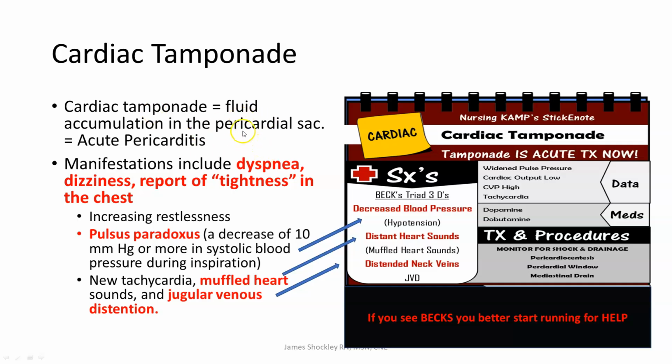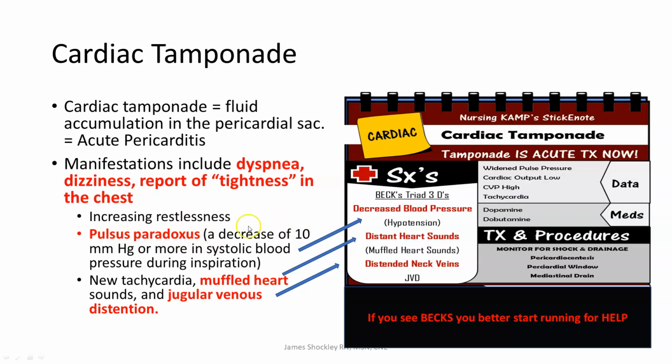So what do I need to look for to see if they're headed towards cardiac tamponade? Pretty straightforward. Dizziness, dyspnea, chest pain or tightness. You see your perfusion words, increasing restlessness, pulsus paradoxus.